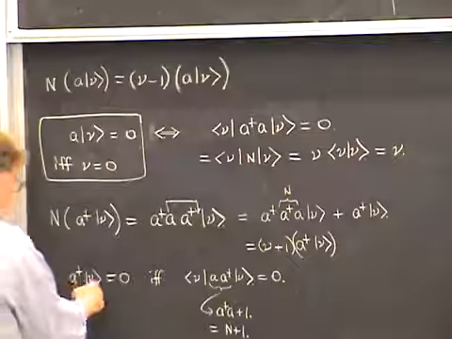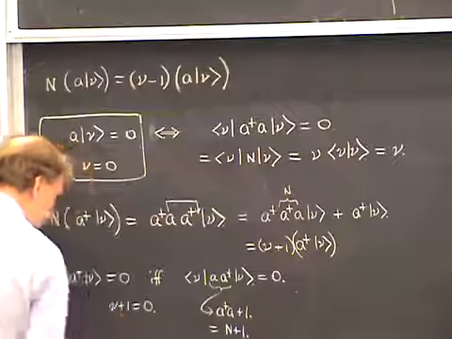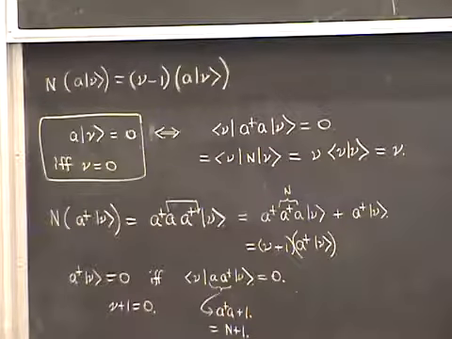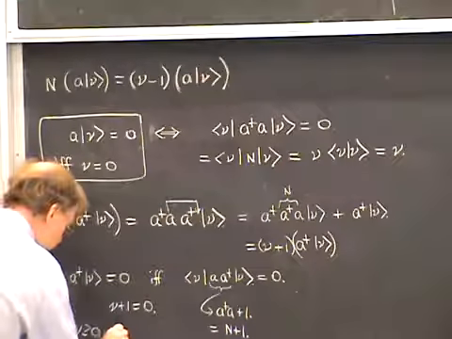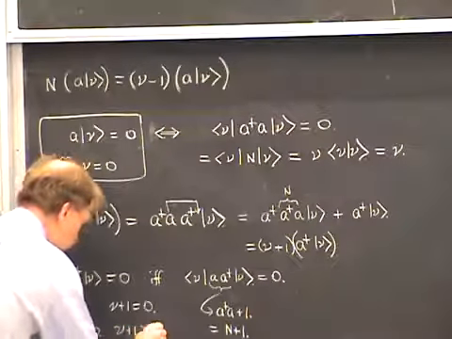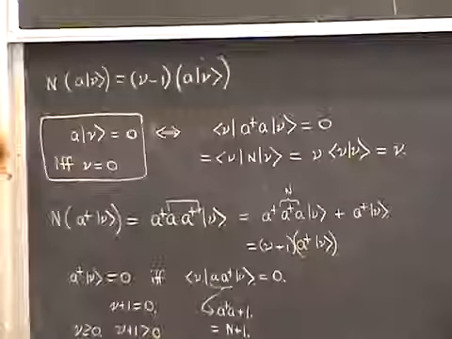So we can say that A dagger nu vanishes if and only if nu plus 1 equals 0. But remember, nu is greater than or equal to 0, so nu plus 1 is always greater than 0. And the result is that A dagger nu never vanishes.